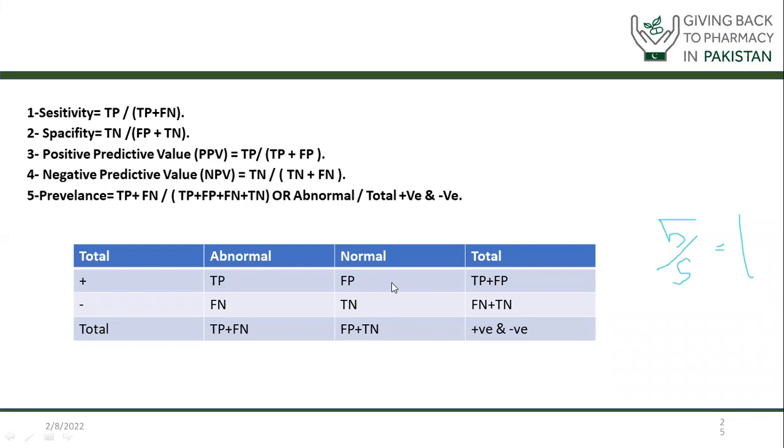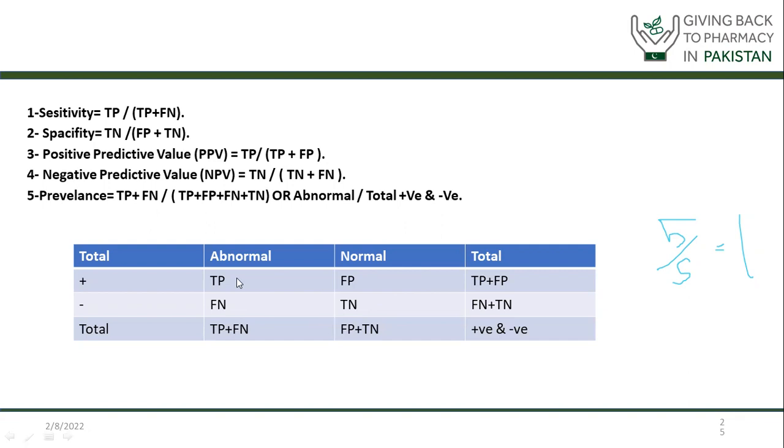Okay, so same like this, false negative and true negative. These are the negative patients, and these are the values of true positive, false negative, false positive and true negative.